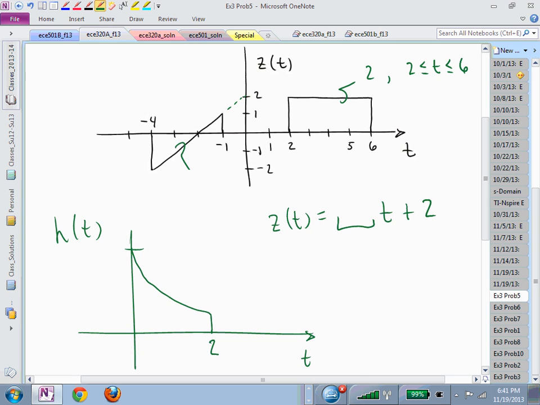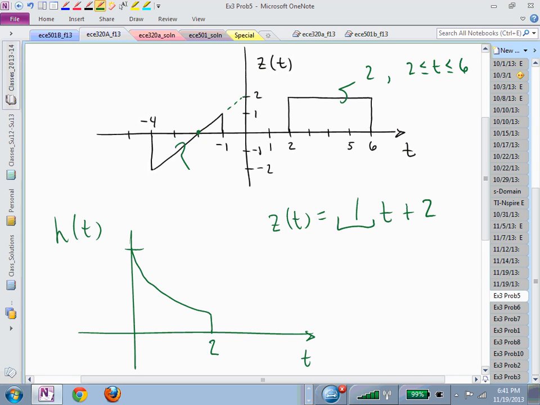And now what do I need for a slope? Or I could say, well, if this is true, then I know that it assumes a value of 0 at -2. So if I plug in t equal -2, I need to get z of t equal to 0, don't I? It's going up 1 unit for every unit of time, isn't it? Isn't the slope 1?